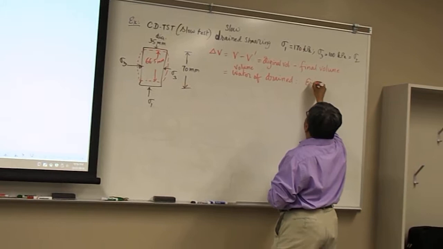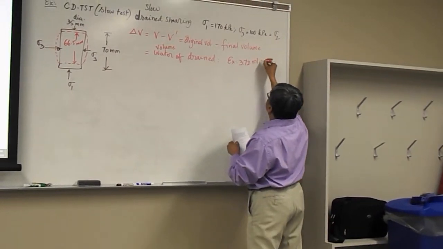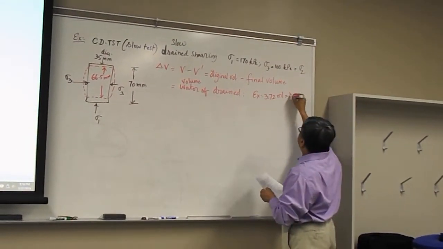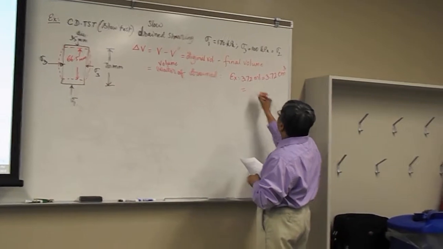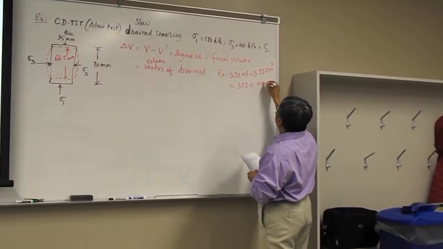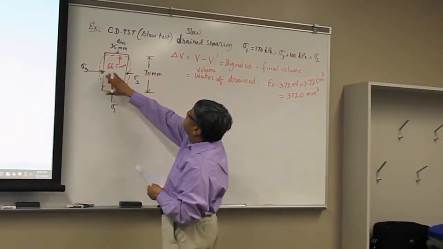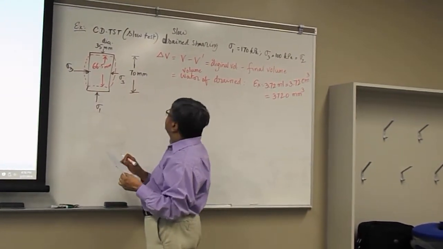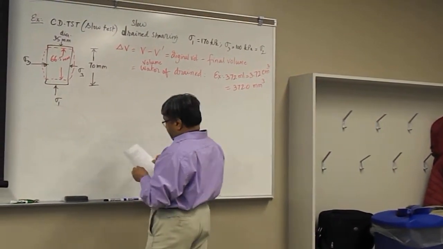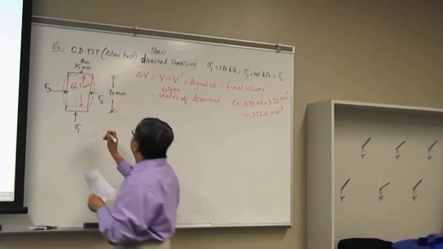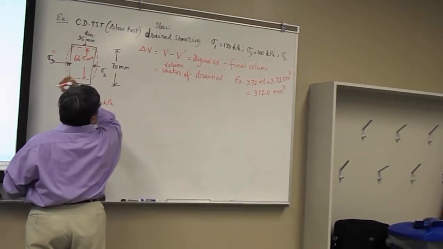Let us say in this example, this is 3.72 milliliters. Sometimes we use the milliliter, that means this is 3.72 centimeter cubed, and if you convert that to millimeter cubed, this is 3720 millimeter cubed. That much water came out. That means this red volume is smaller than the brown volume. Brown volume is the original volume, and this is the reduced volume. That happened under these stresses, sigma 1 being 170 kPa and sigma 3 being 100 kPa.